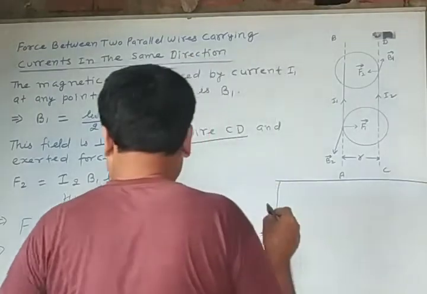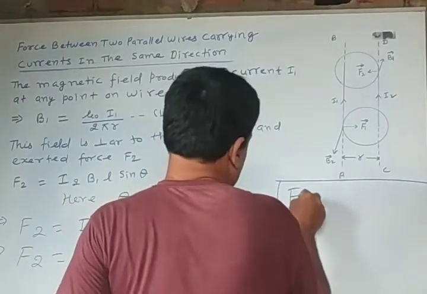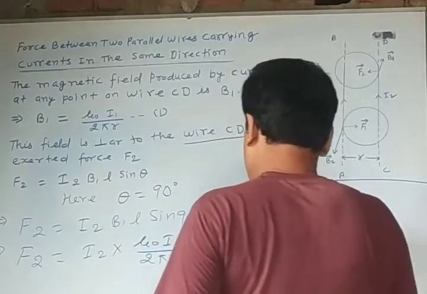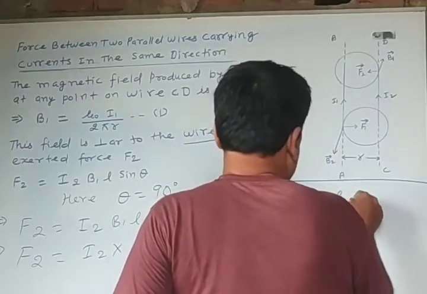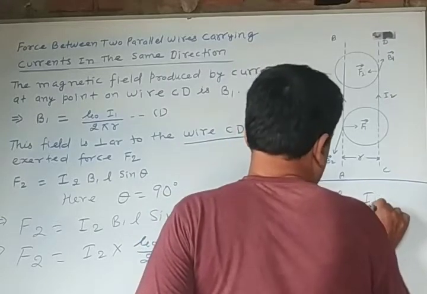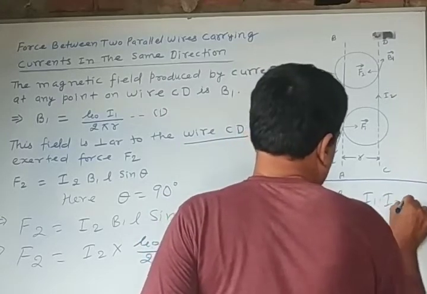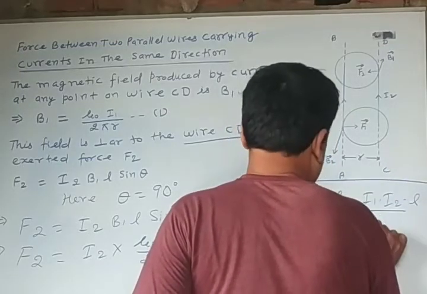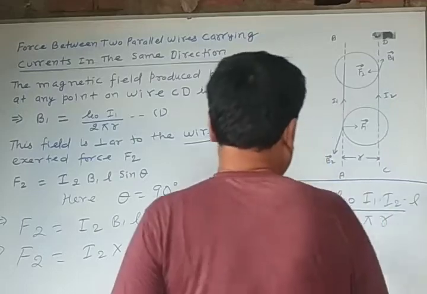After simplifying it, F2 is equal to mu naught I1 into I2 into L upon 2 pi r.